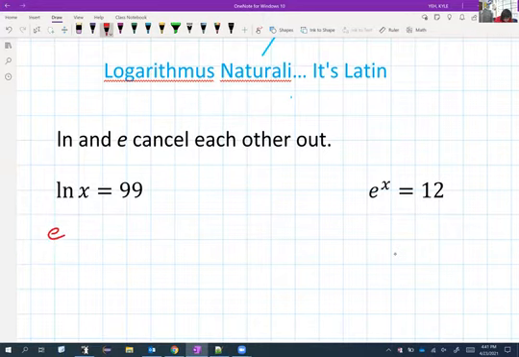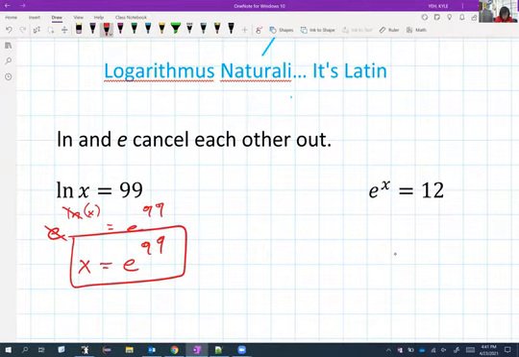I am going to e to the left equals e to the right. We've seen this before. Taking the base and saying the base to the log equals base to the other side, and e and ln cancel out. So we're left with just x equals e to the 99th power. That's how you cancel out an ln.